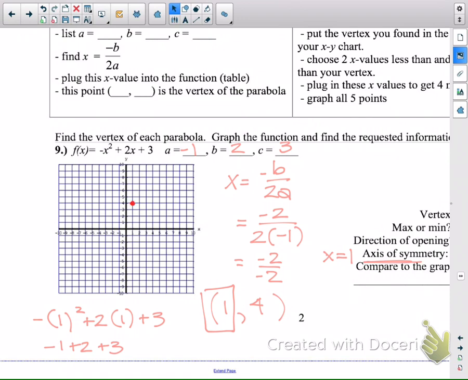Axis of symmetry, we typically draw as a dotted line running through the middle of your graph, right there. So there's my dotted line. It's always a vertical line. It always splits your parabola half and half. Any issues with this so far?